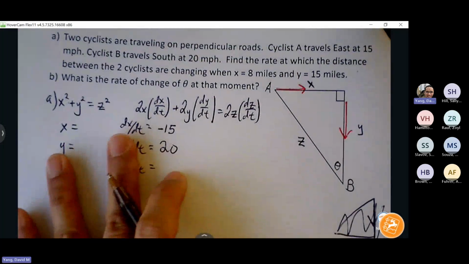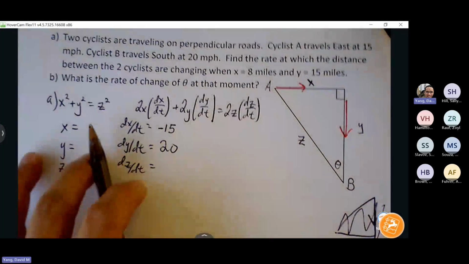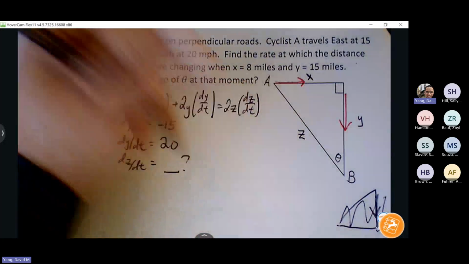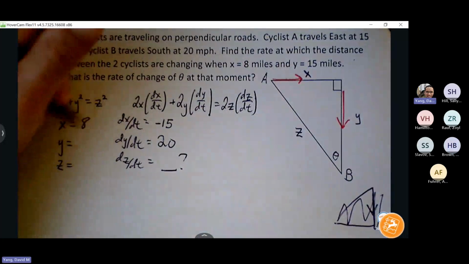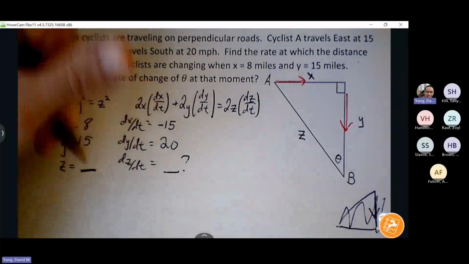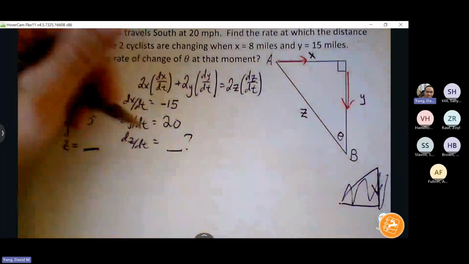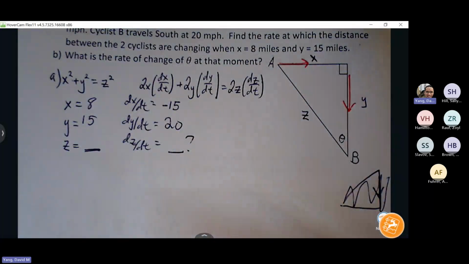Find the rate at the distance between the two cyclists. See how is that rate changing? So we're talking about dz dt, that's the unknown. When x equals 8, y is 15, Pythagorean theorem can help us find that z, a squared plus b squared equals c squared, ends up being z equals 17.